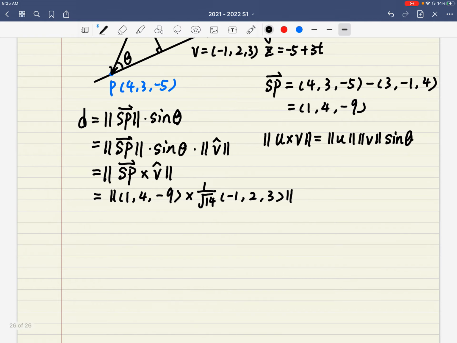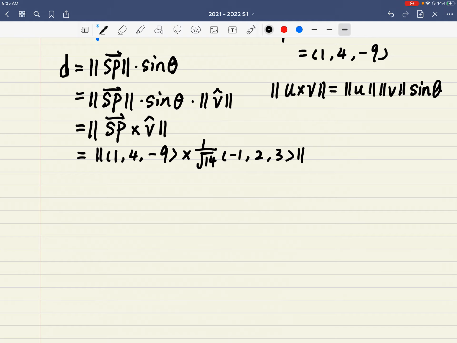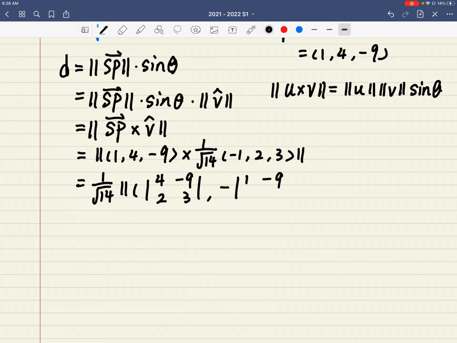First, we can move the constant 1 over square root of 14 outside. Then the cross product: just follow the formula. The first component is a determinant of this, the second component is a determinant of this, and the last component is a determinant of this.